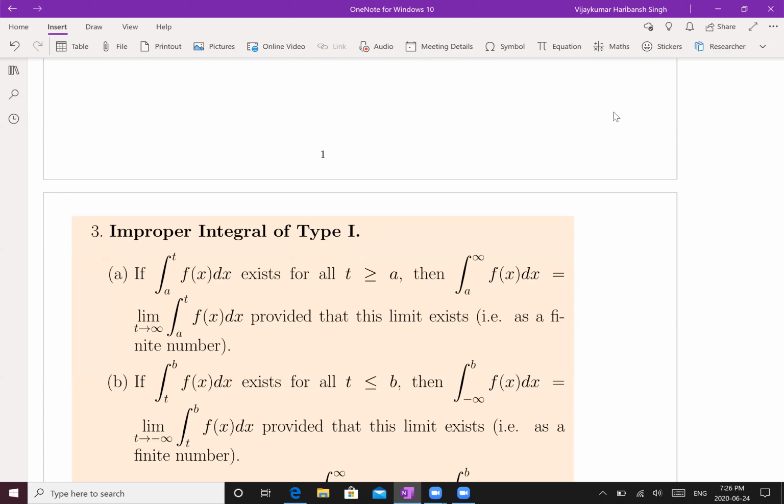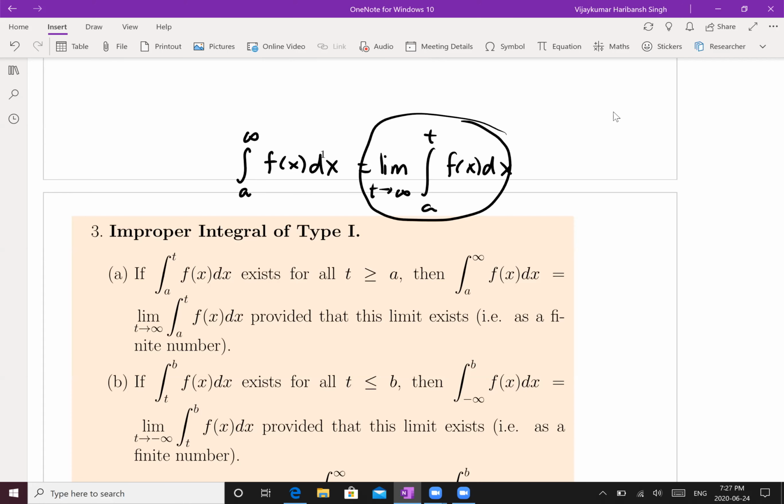So what we want is to define integral a to infinity of f of x dx. Now, the only way to deal with infinities is to use limits. So we have the limit as t goes to infinity of integral a to t of f of x dx. This is how we can approach infinity. This number is well defined because for every t it is a proper integral, and you take the limit of it. So let's define this properly.